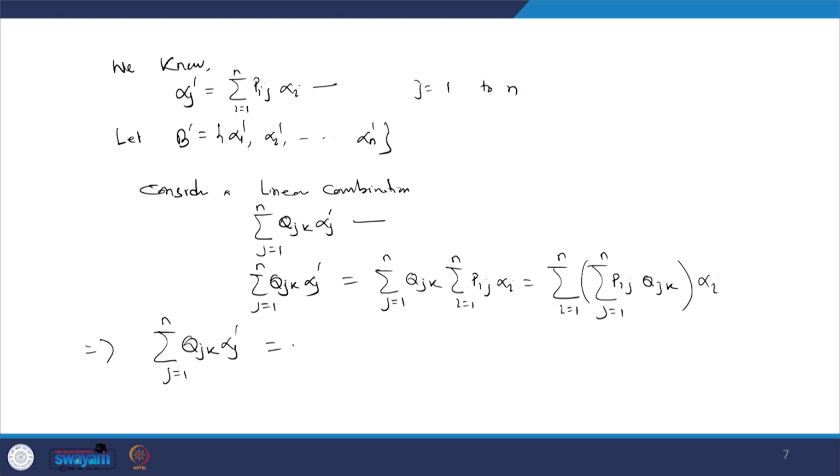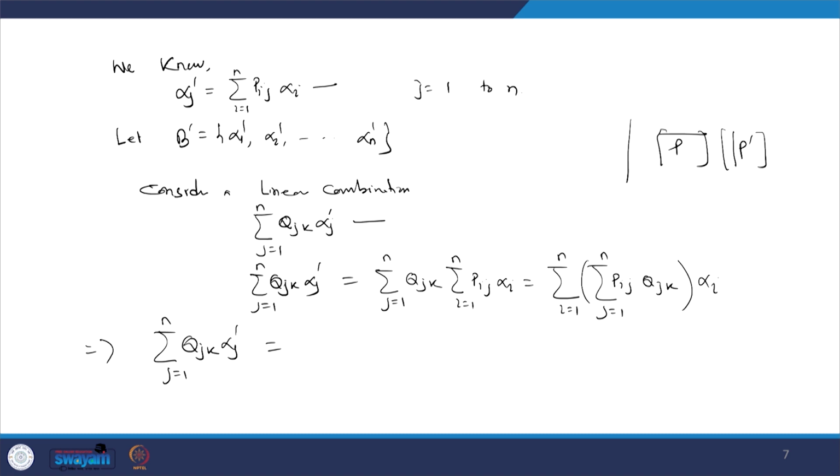Now, this implies the sigma q j k alpha j prime, j equal to 1 to n, is equal to, Q is the inverse matrix of P. So, if I consider P and P inverse, then the first row multiplied with the first column will have only the first entry equal to 1, all others 0.